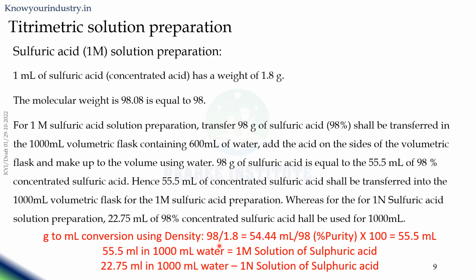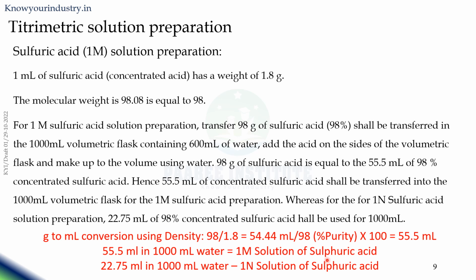To convert to ml first, 98 divided by 1.8 gives 54.44 ml of sulfuric acid. Correcting for the 98% purity gives 55.5 ml. So when you take 55.5 ml of 98% concentrated sulfuric acid in 1000 ml of water, it will give you a 1 molar solution of sulfuric acid.